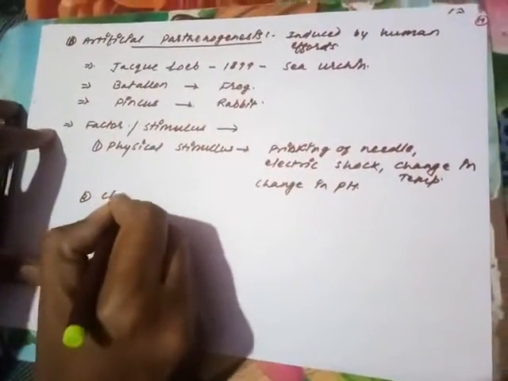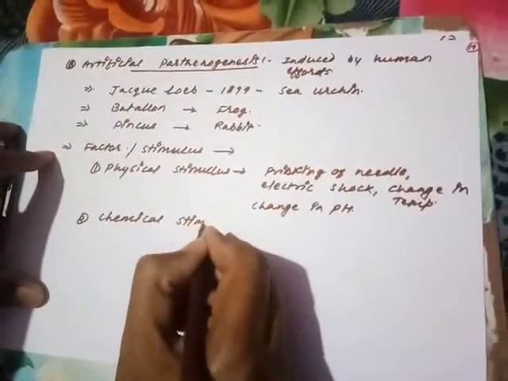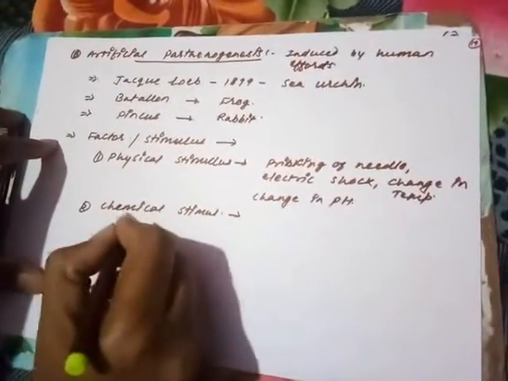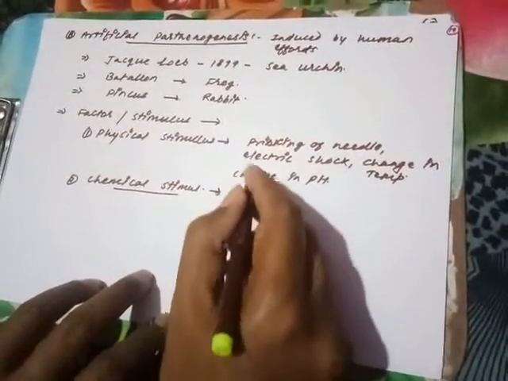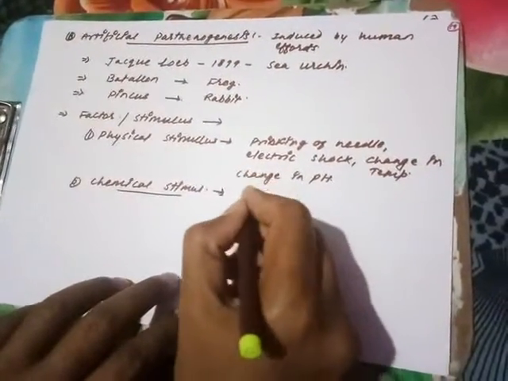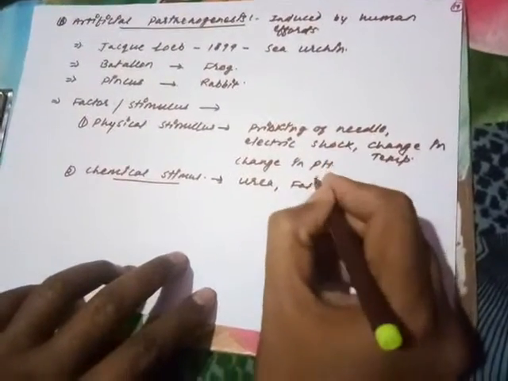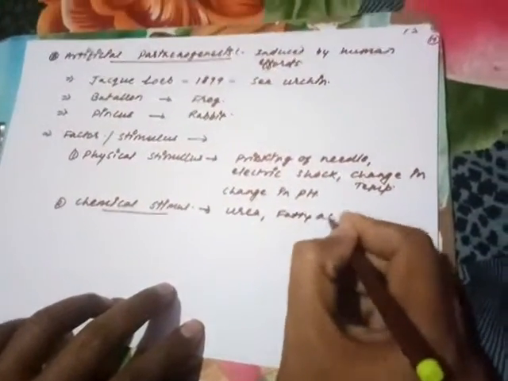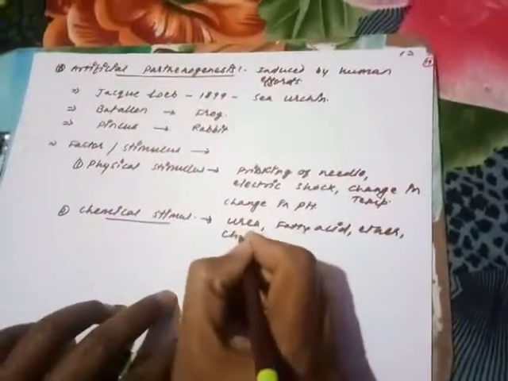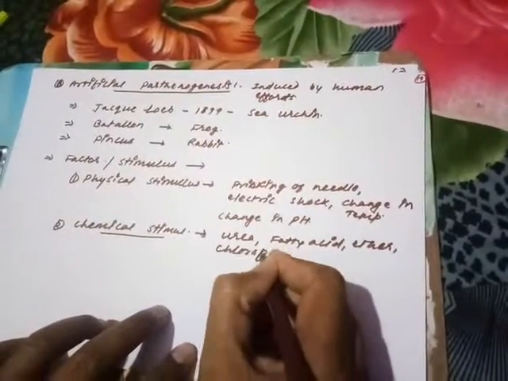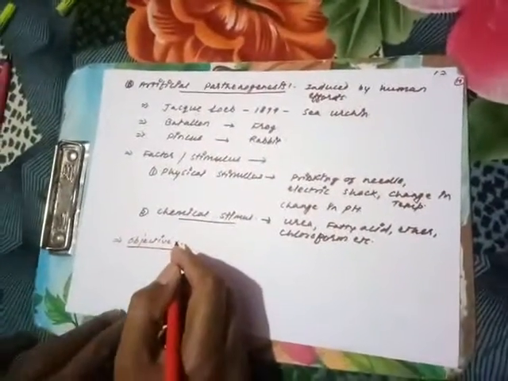Similarly, some chemical stimulus also can be provided for performing artificial parthenogenesis. The chemical stimuli are the use of urea, fatty acid. We can introduce ether, chloroform, etc. What is the purpose of artificial parthenogenesis?